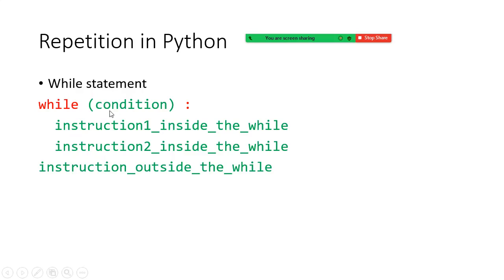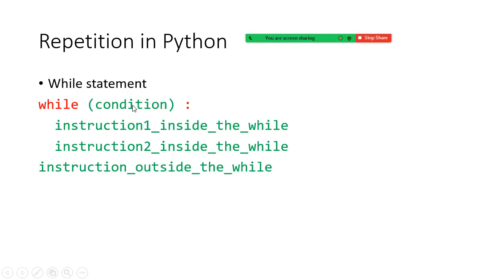If the condition is still true, then instruction 1 will be executed, then instruction 2, then we'll test the condition again. As long as that condition is true, then these things keep executing. Now the one at the bottom is meant to show that this only happens after the while statement is complete, and that'll happen when that condition somehow is no longer true.